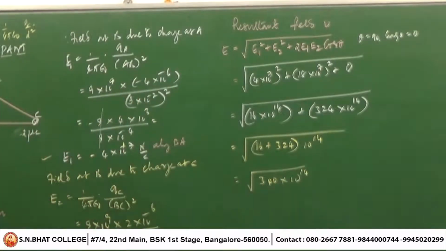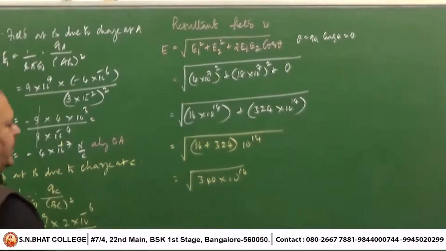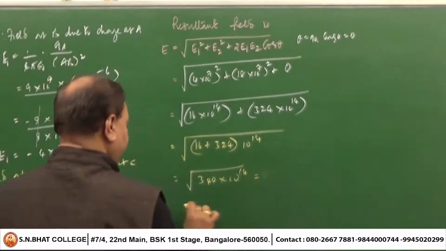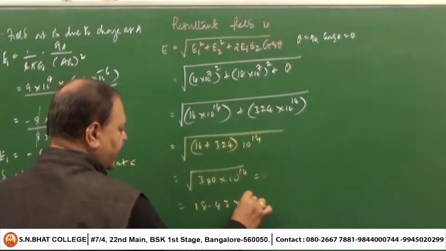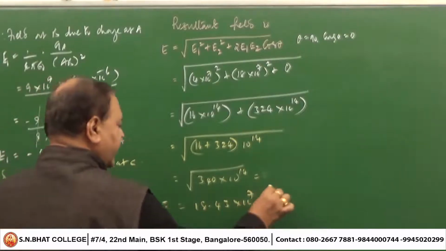You take the root of 340, which comes out to be 18.43, and that's equal to 18.43 into 10 to the power of 7 Newton per Coulomb. This is the resultant electric field.